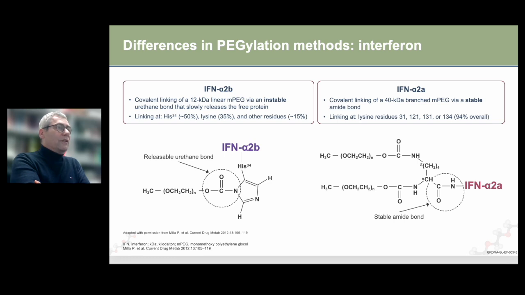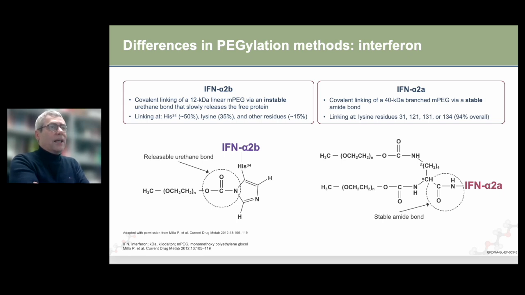This is due to the fact that the molecular size of the polymer is only 12 kilodalton, and it is a linear polymer. Only one polymer chain is attached to the protein, even though in a random way, but only one polymer per protein molecule, and nearly 50% of the polymer is attached to histidine 34, obtaining a releasable PEG.